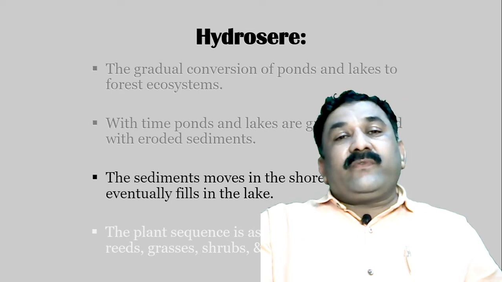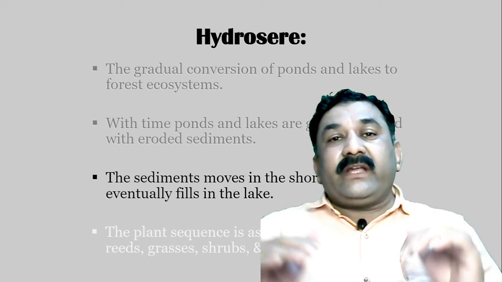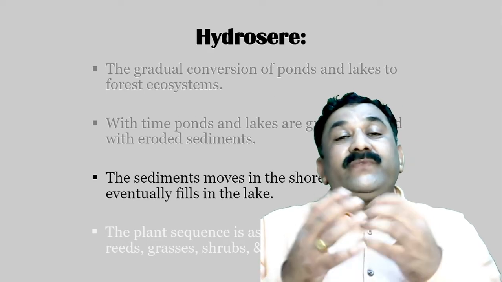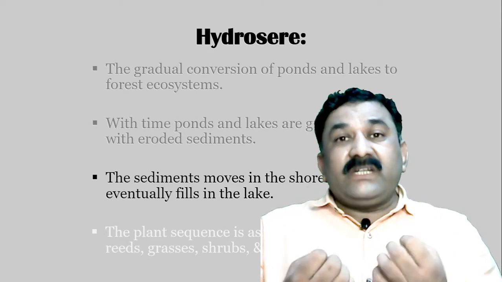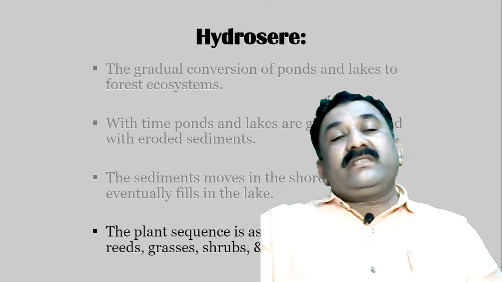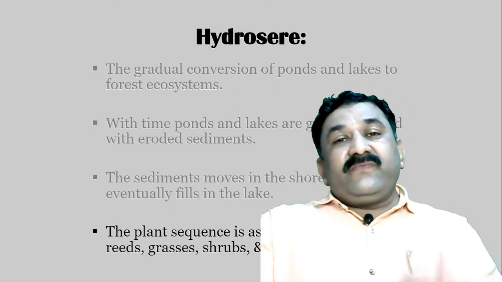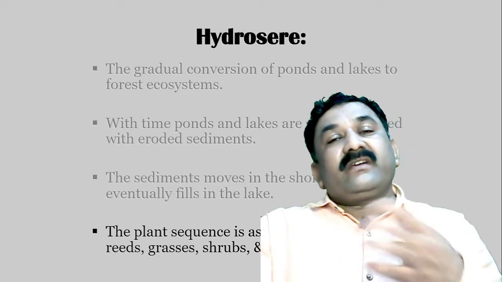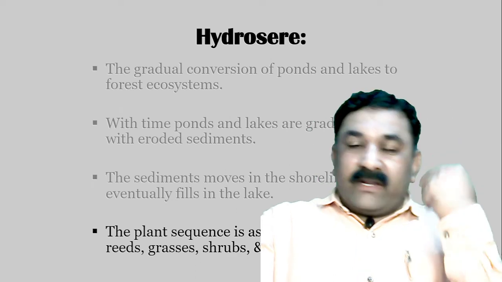These will be possible when some sediments enter the pond or water body, which will allow some seeds to germinate, and then it will establish plants, then reeds, grasses, shrubs, and finally the trees.